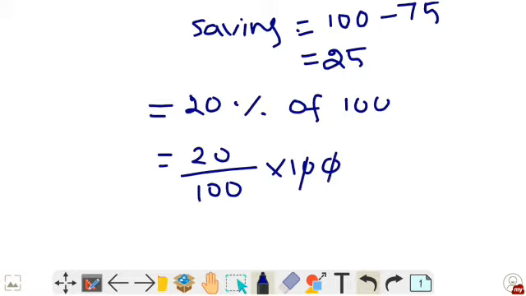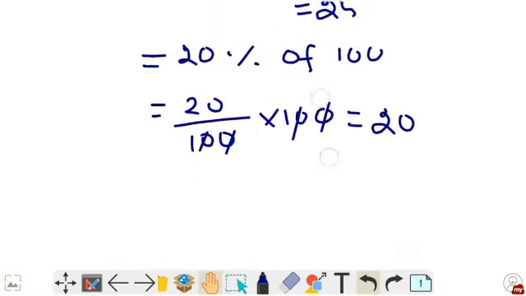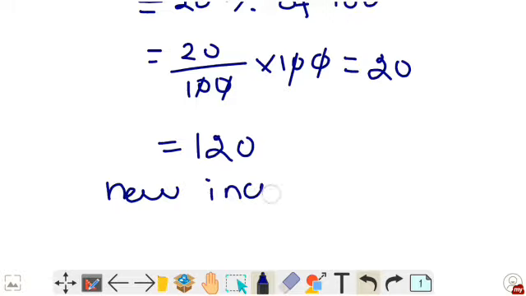So 100 will cancel each other. So 20% of 100 is 20. Adding this 20 to income, 100 plus 20 is equal to 120. That is his new income, 120.